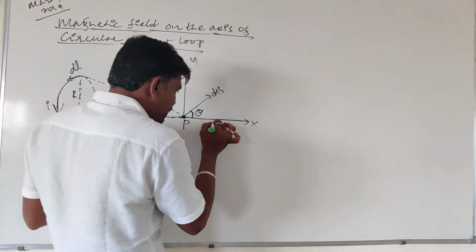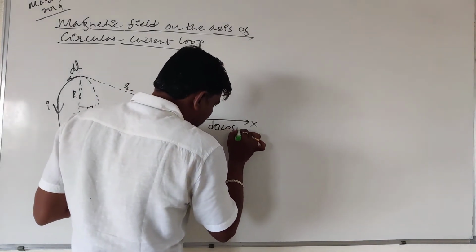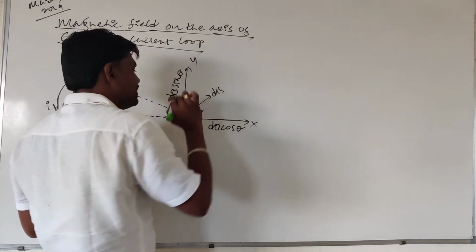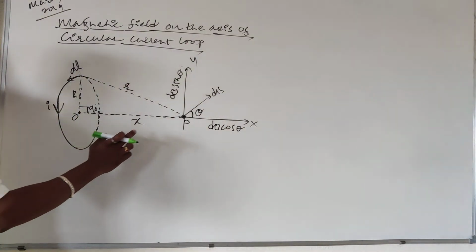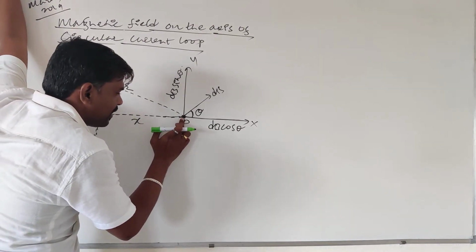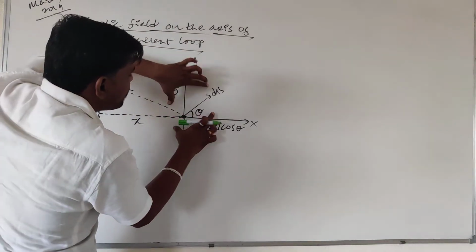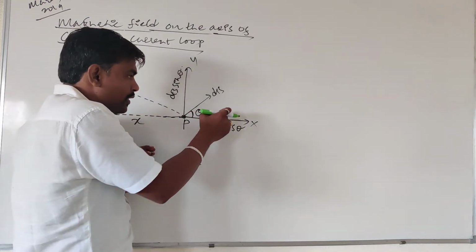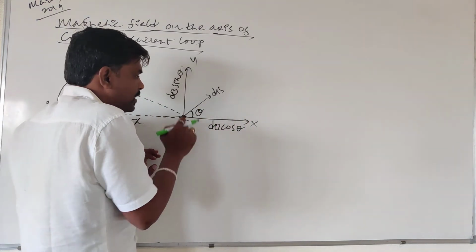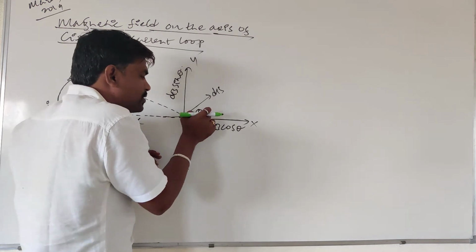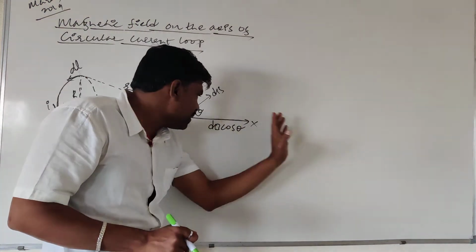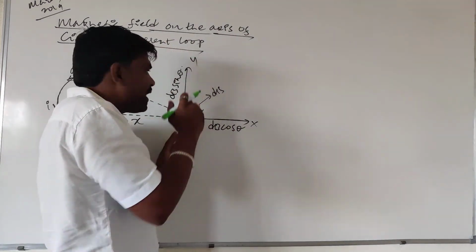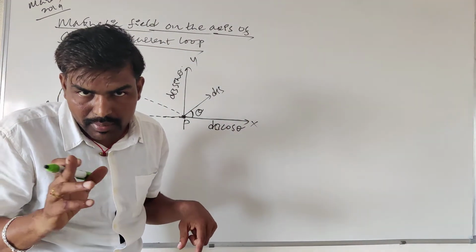So here dB cos theta, dB sin theta. To find dB, dB is resolved into two components along x and y. So dB becomes dB cos theta along the x axis, and dB sin theta along the y axis.